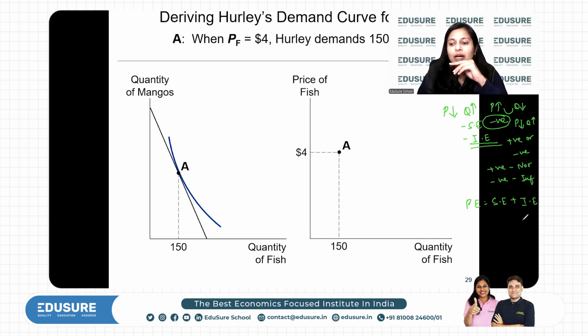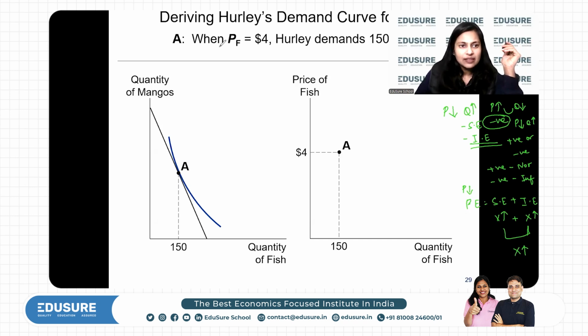Now, if the goods are normal, then let's say as price falls, X increases. And when price falls, real income rises. So the demand for X rises. So when price falls, both the effects add on and we have net increase in quantity.